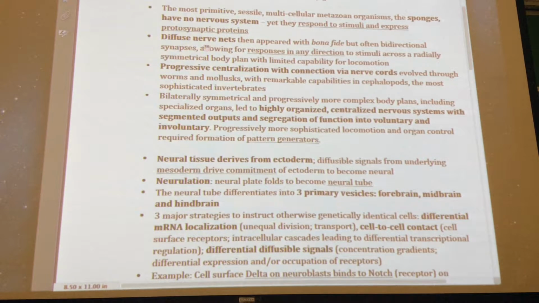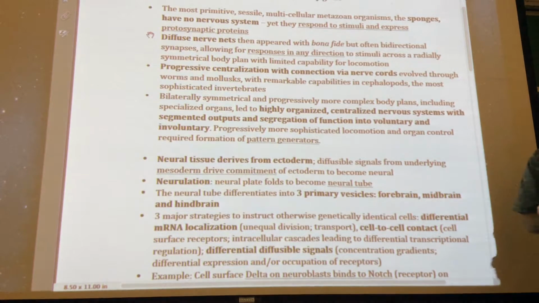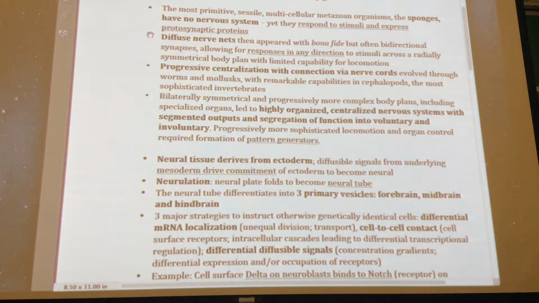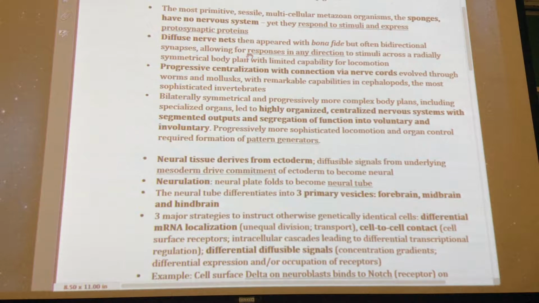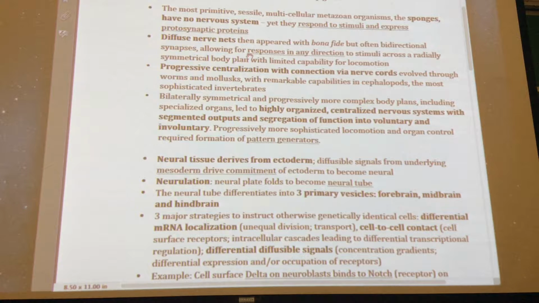Okay, first are the diffuse nerve nets. We see that with cnidaria, like jellies. They have bona fide synapses, but more often than not they're bidirectional. That means if you poke on one side, there's really no orientation. They are radially symmetrical. Basically, information just kind of wings around inside there.